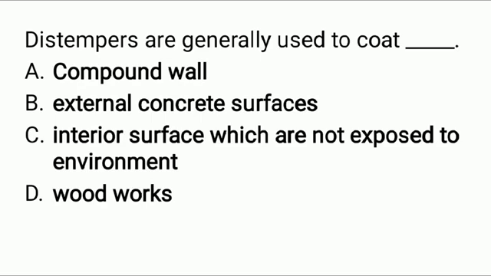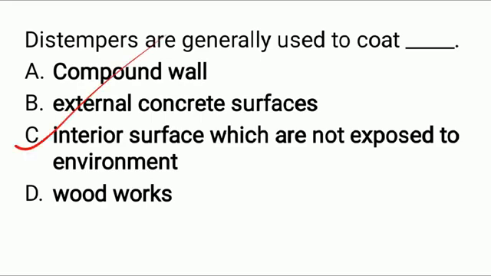So you have to protect it from the outer weather, right? So our answer will be interior surfaces which are not exposed to the environment. Okay, so our answer will be C.